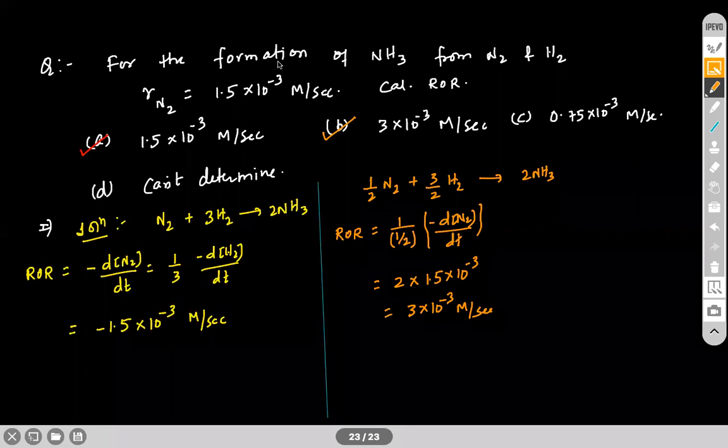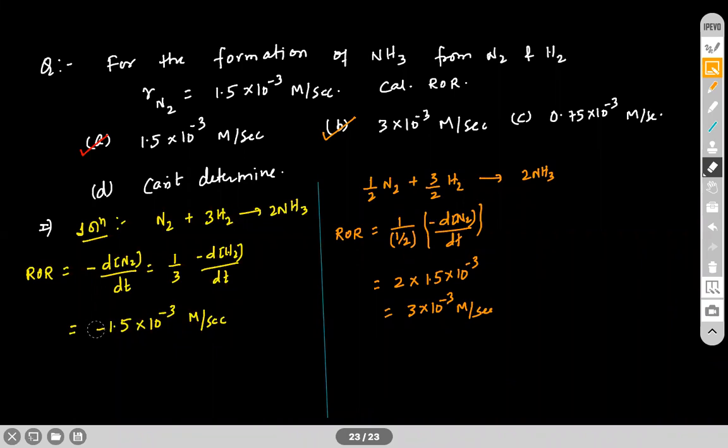This negative sign should not be there. I'll tell you why. By mistake I have written this. Because rate of N2 is nothing but minus of dN2 by dt. So minus of dN2 by dt is 1.5 into 10 to the power minus 3. Hence, the answer will be positive. Clear?